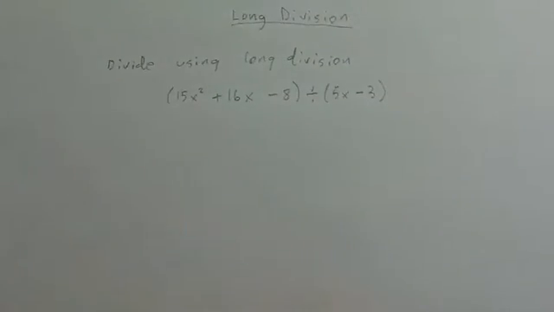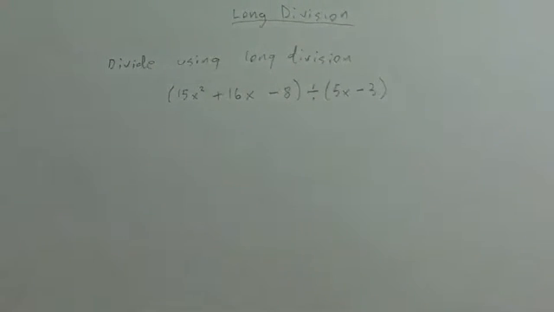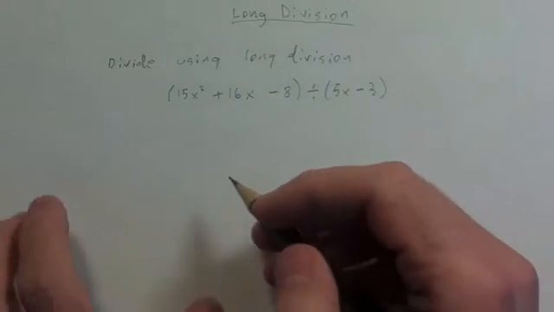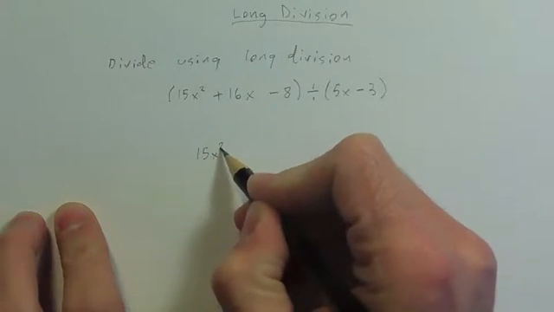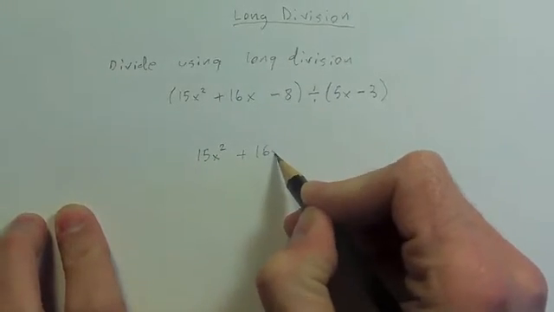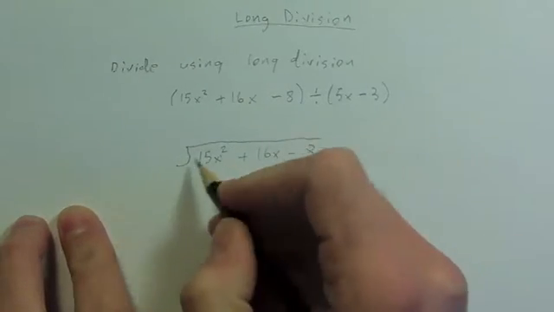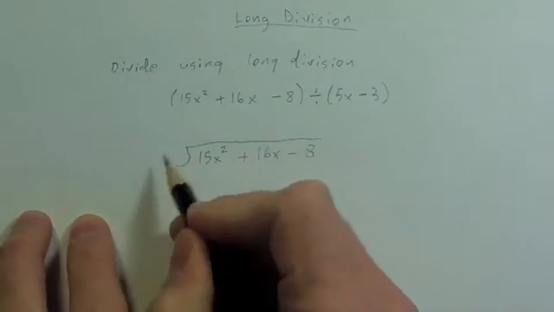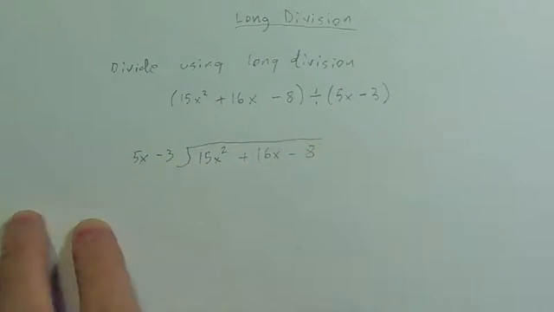What we want to do is divide these two polynomials. I'm going to take 15x squared plus 16x minus 8, and divide it by 5x minus 3. We can set this up with our normal long division symbol, dividing by 5x minus 3.